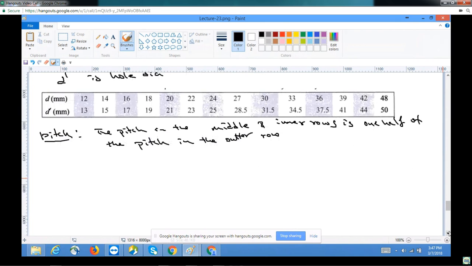As we already have calculated the shear strength in the previous example, we'll use it. Okay, and we can as well calculate, once we know the pitch, the tensile strength of the plate.